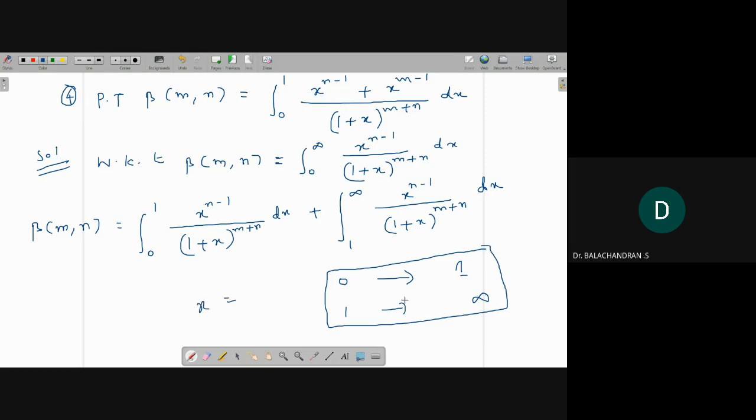Now the question, x is equal to, what is x? Sir, x is equal to 1. Uh, x minus 1 is equal to 0, sir. No. I think you should use another variable. You should use another variable.